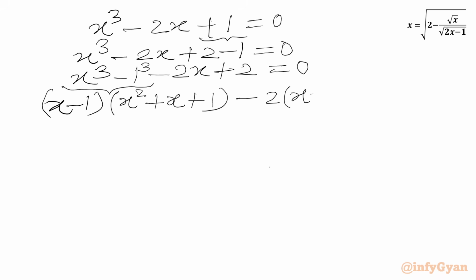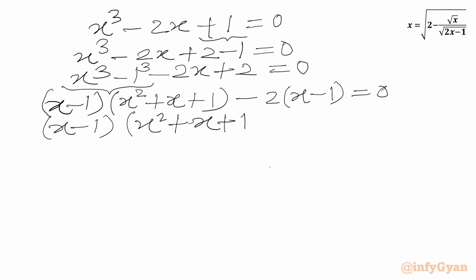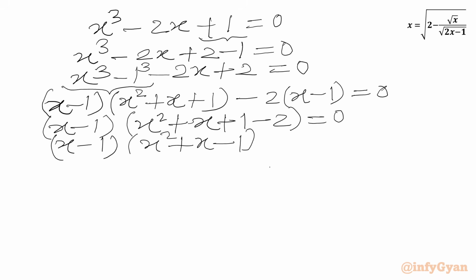So in the bracket there will be x minus 1 equal to 0. Now we will take x minus 1 overall common. So in the other bracket we can write x square plus x plus 1 minus 2 equal to 0, or x minus 1 times x square plus x minus 1 equal to 0.